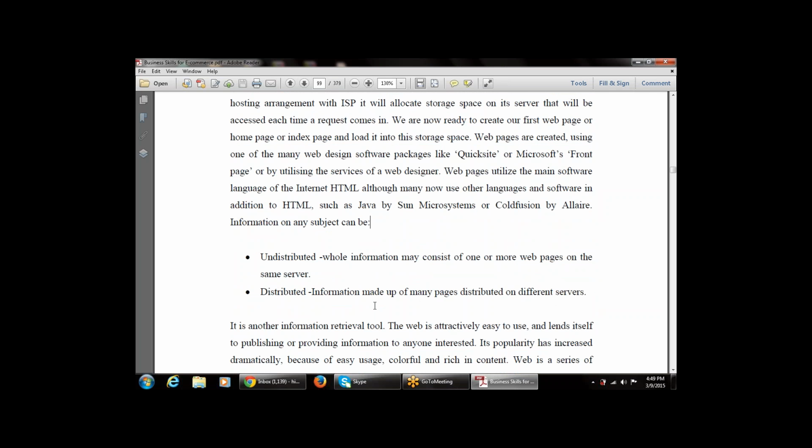Information on any subject can be stored on web pages. So information may be undistributed or distributed.